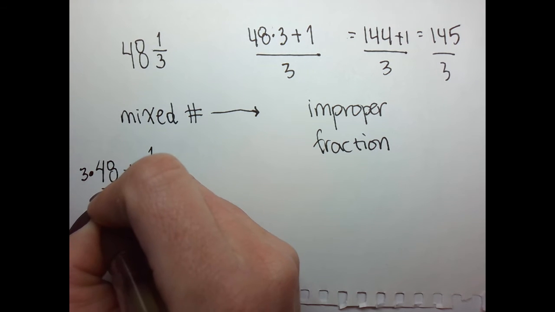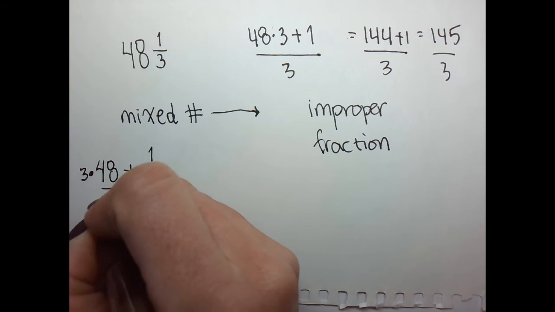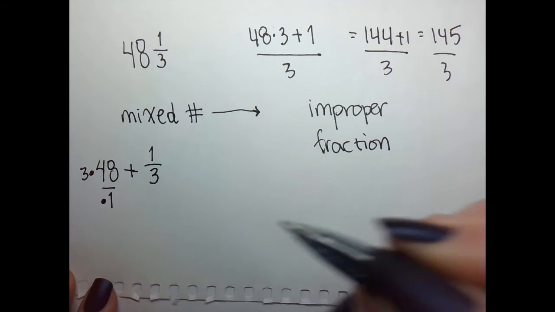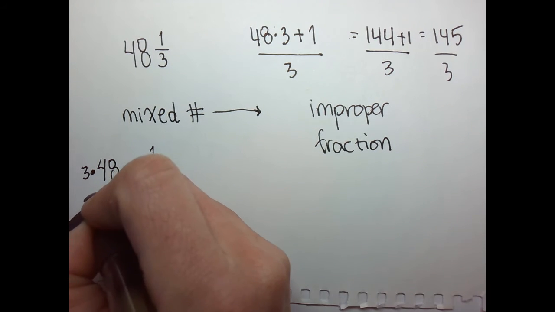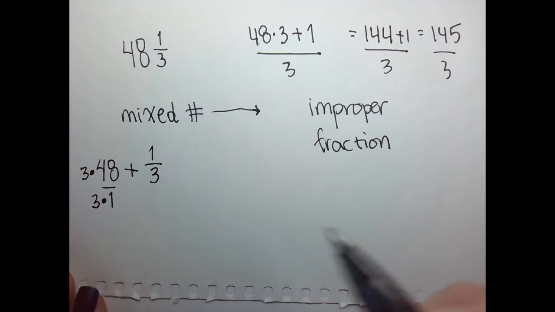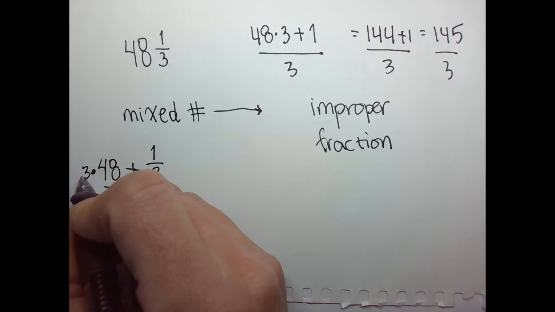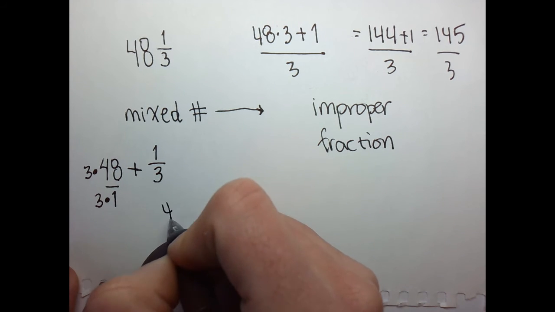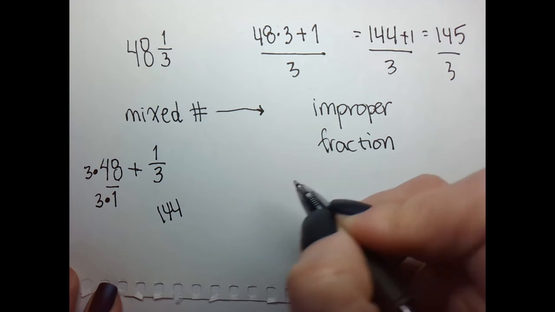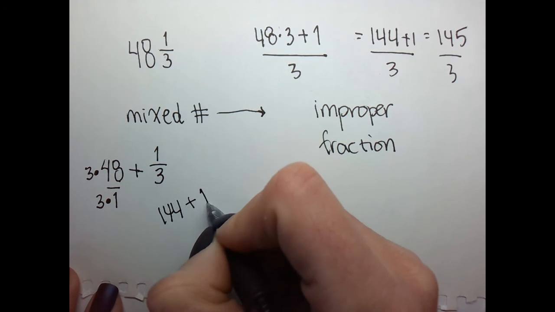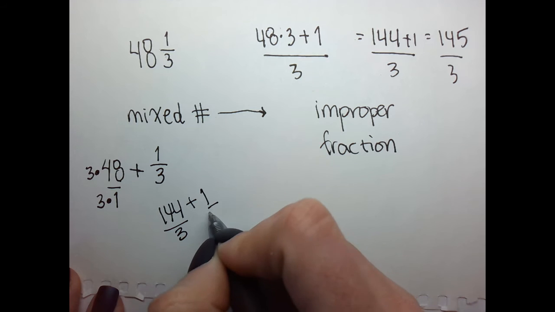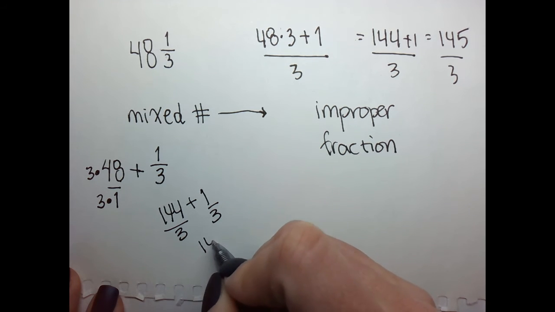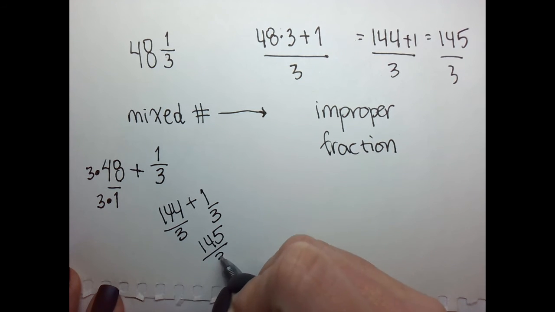Don't you have to multiply top and bottom by 3? Right? Okay, now I have a common denominator of 3. So you did 48 times 3, which is 144, plus 1, they're both over 3. So we got 145 over 3.